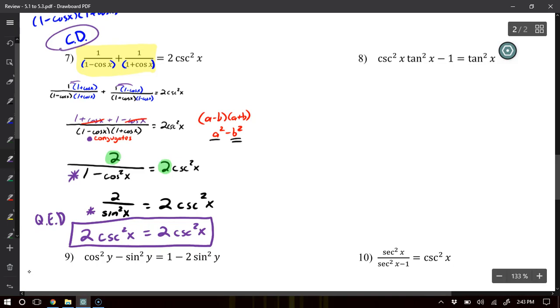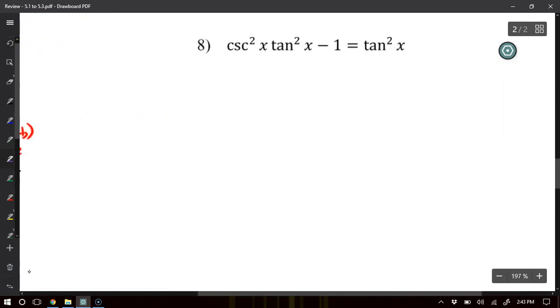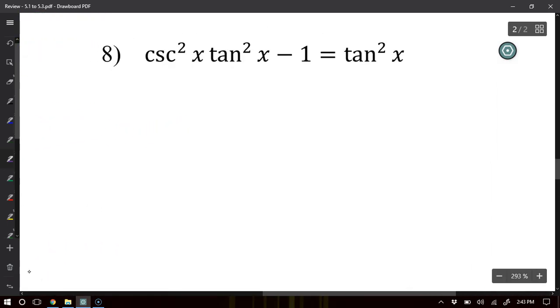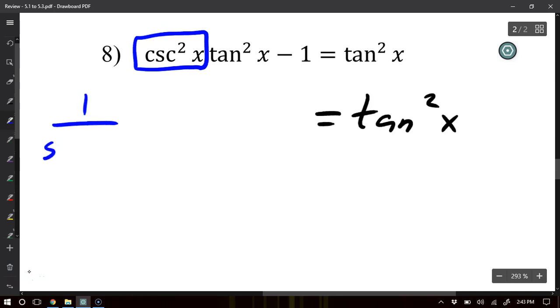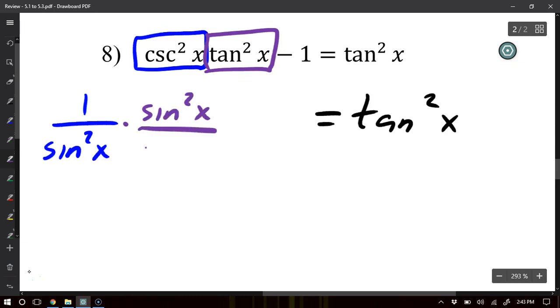Let's look at number 8. Cosecant squared of x times tangent squared of x minus 1 equals tangent squared. So I'm going to keep the right hand side, and we'll try and do this fast. Cosecant squared of x is 1 over sine squared of x. Tangent squared of x is sine squared of x over cosine squared of x.